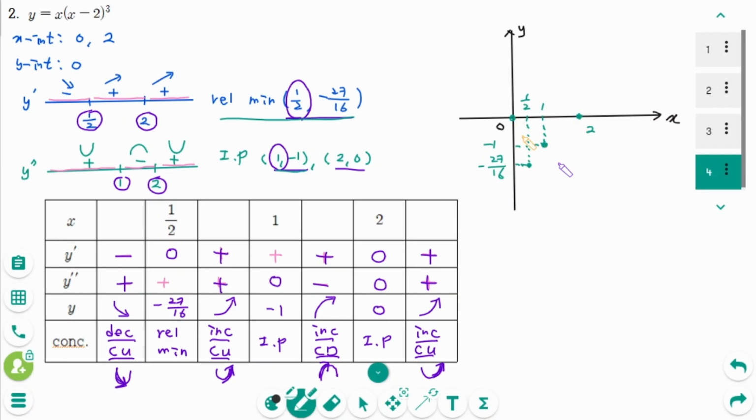And x and y intercepts. Until relative minimum, this shape, and then increasing and concave up, increasing and concave down, increasing and concave up again. So this one is y equals x times (x minus 2) cubed graph.